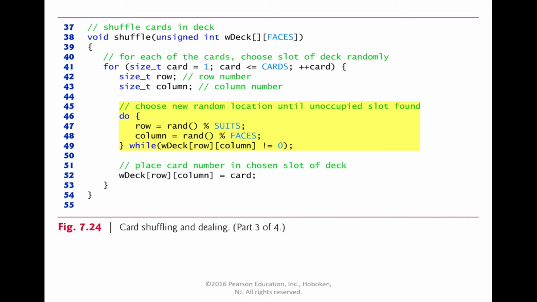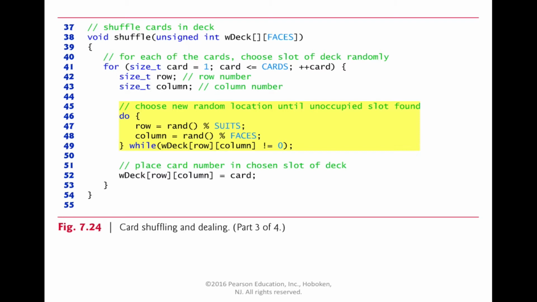So again, shuffle just takes the 2-dimensional array of deck. And shuffle's pretty simple, right? For each of the cards, choose a slot at random. So we've got 52 cards to look at.